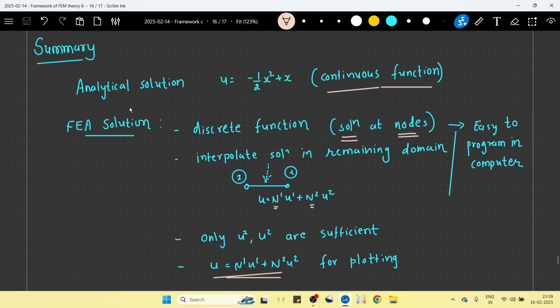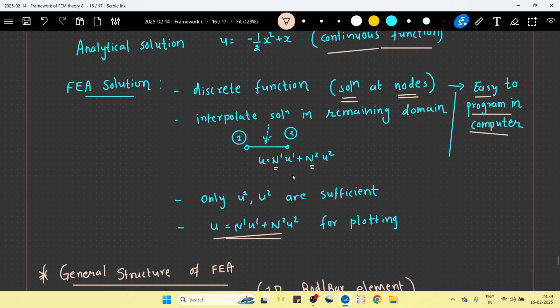Another thing we have discussed is that the FEA solution is actually a discrete function. The displacement function for a particular element is a discrete function. That means we find the solution only at the nodes. Why a discrete function? Because it is easy to program in a computer.